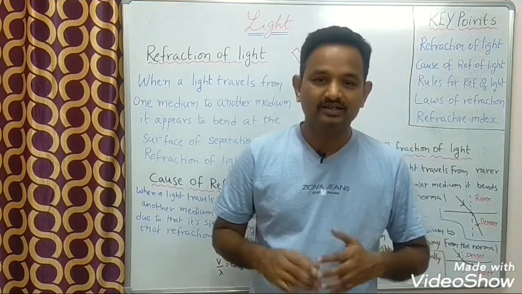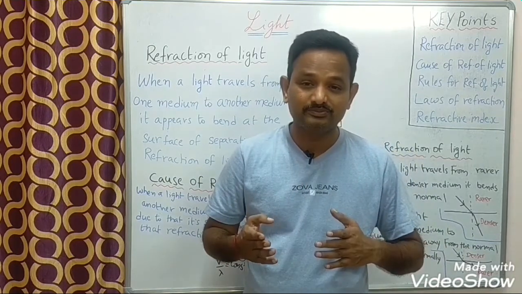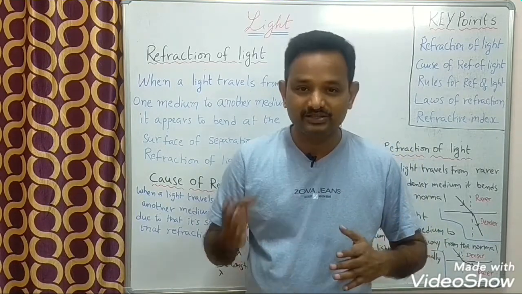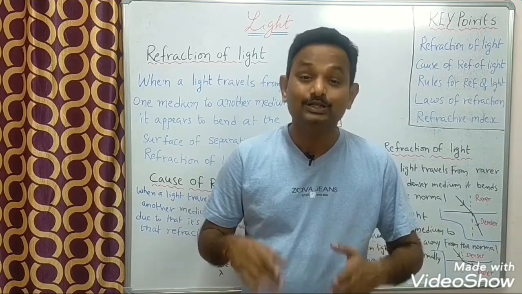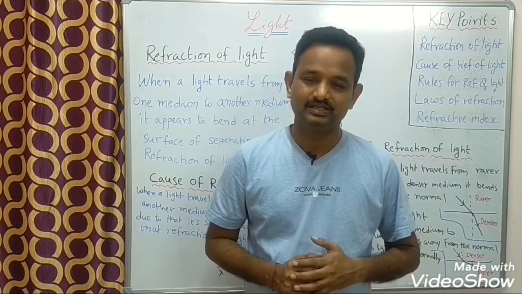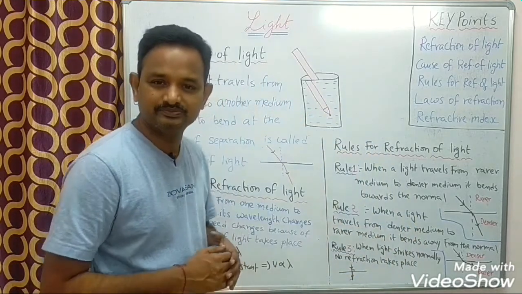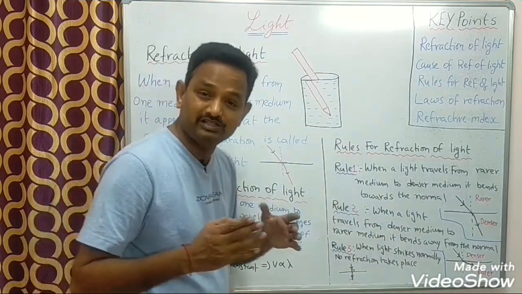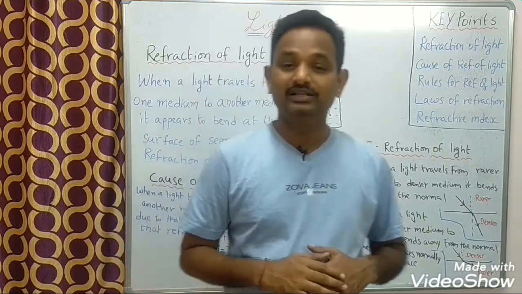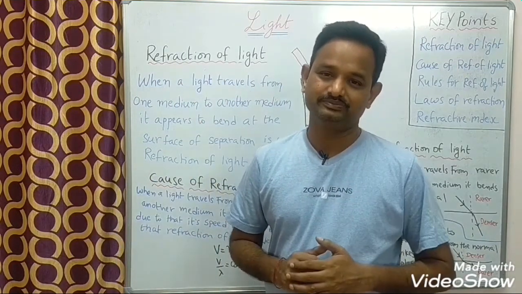Rule 1. When light travels from rarer medium to denser medium, it bends towards the normal. What is rarer medium and what is denser medium? The medium in which the speed of light is more is the rarer medium.